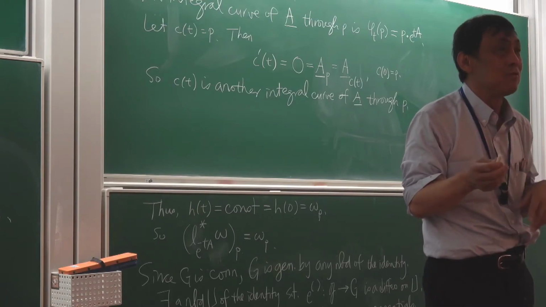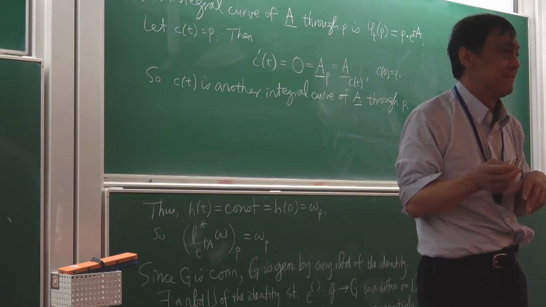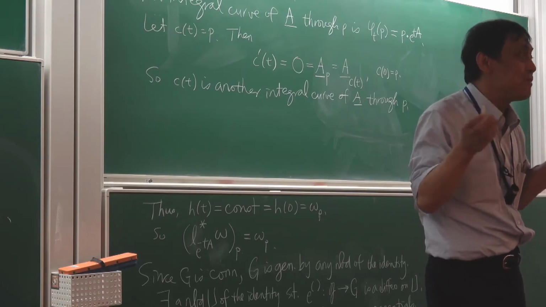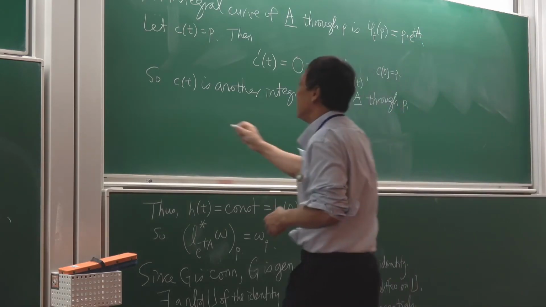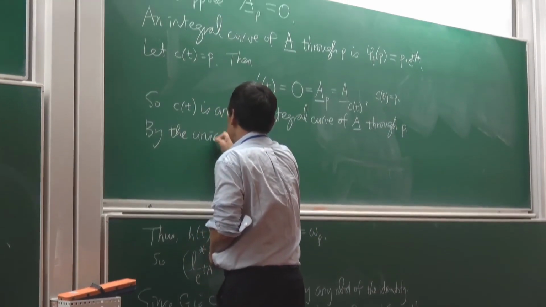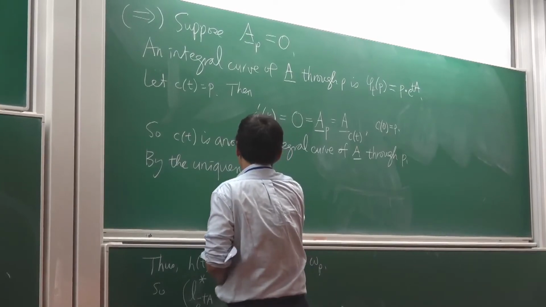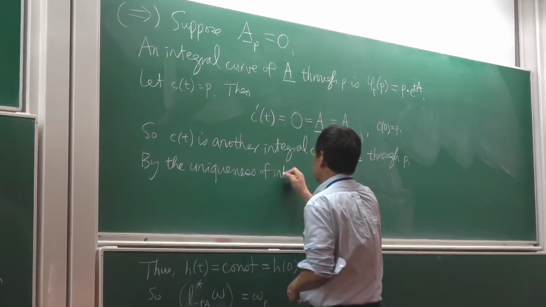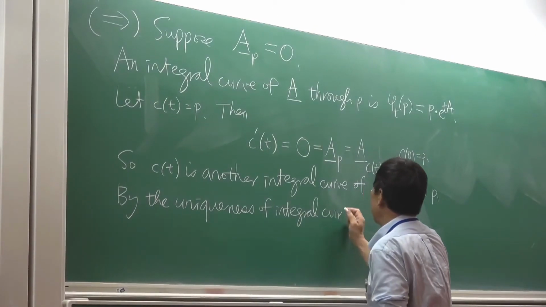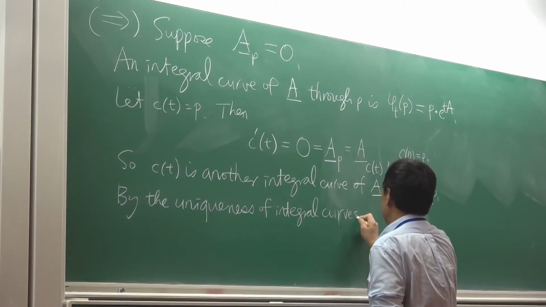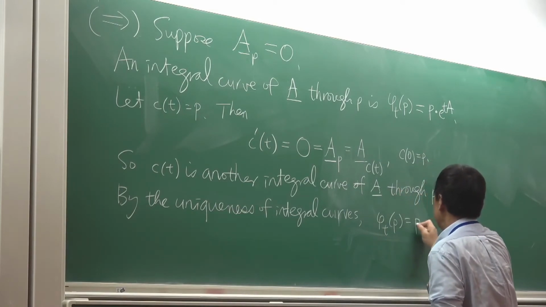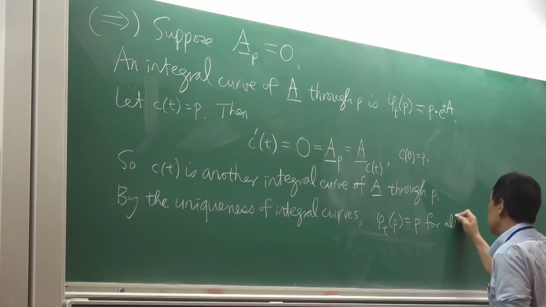So they must be equal. By the uniqueness of integral curves, phi_t of p is equal to p for all t.